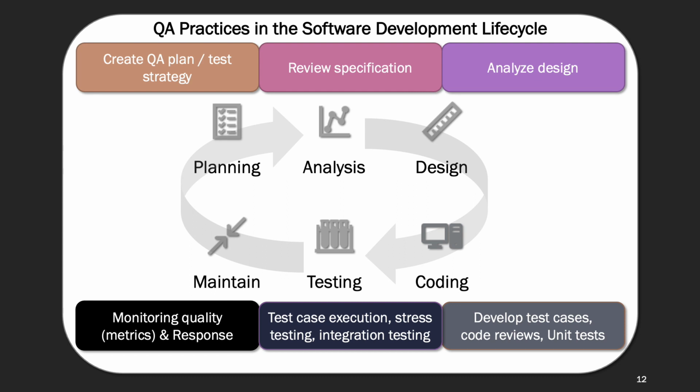And during the design phase, the software design is analyzed to detect bad quality practices. Once the system is implemented, test cases can be executed, code reviews can be conducted, and other testing activities can be performed. Finally, quality is also monitored using specialized metrics once the system is actually in production.